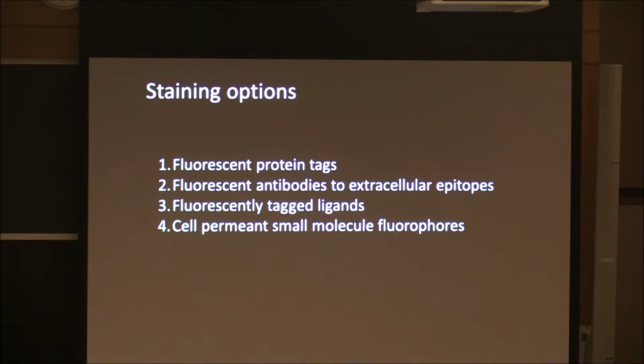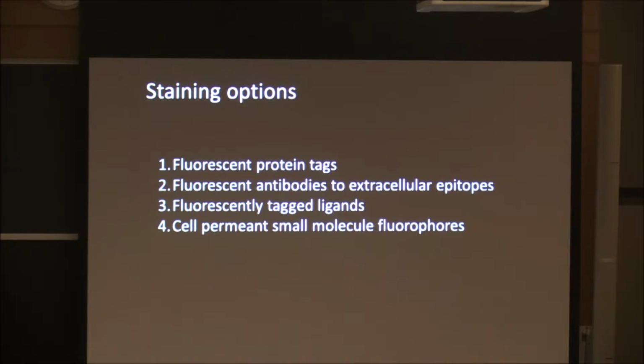So then, what are our options for staining? Obviously, trying to immunostain an intracellular epitope is no longer an option because you're not going to be able to get that antibody inside your cell or inside your tissue. So we have to look at some other staining options. The one that's most commonly used, obviously, is fluorescent protein tags.